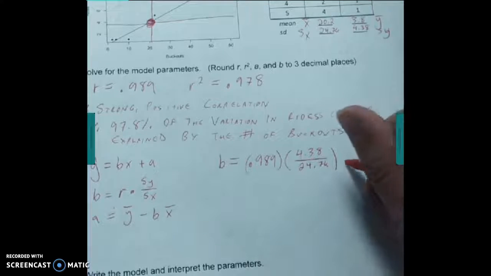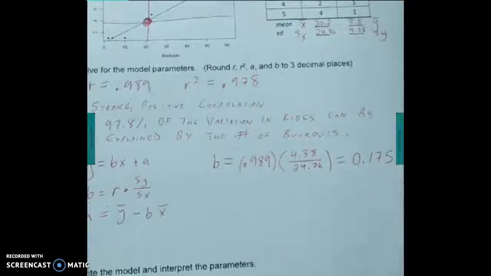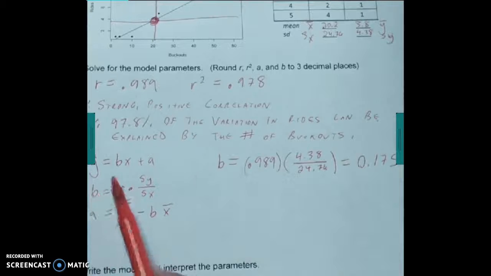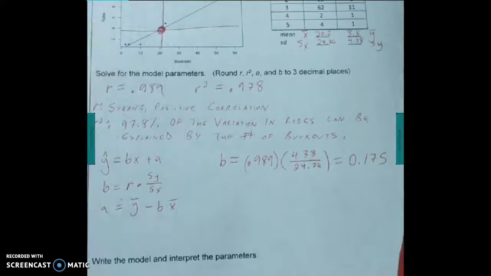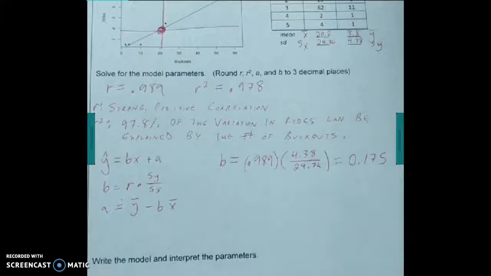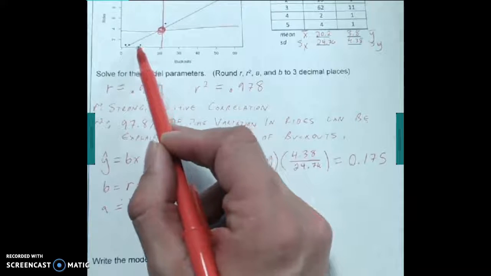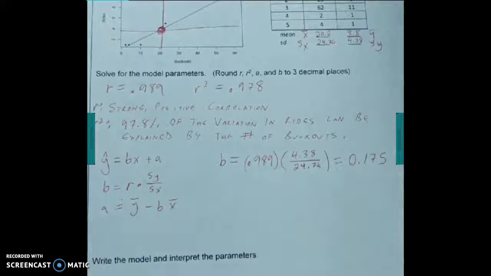And when you type that in your calculator, you end up with 0.175. That is the number that's going in front of this x, which means that the slope of this equation is 0.175. For every time that x increases, y is going up by 0.175.